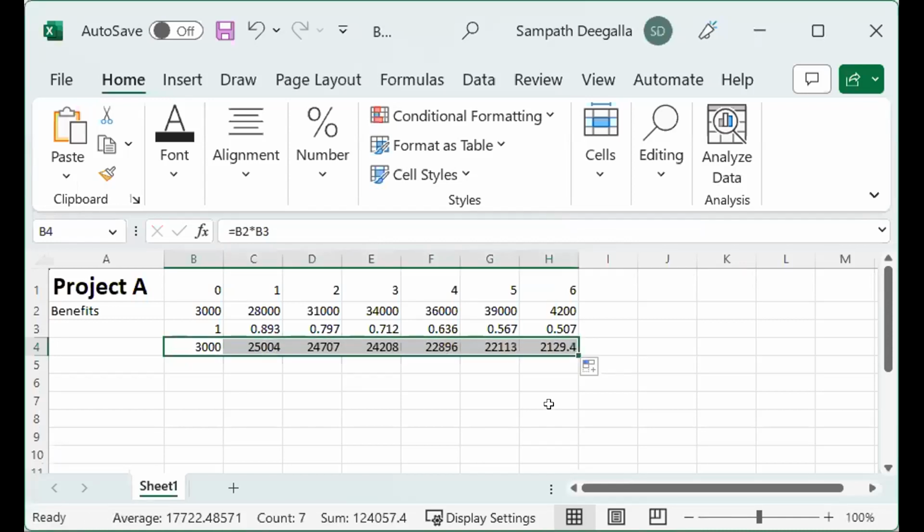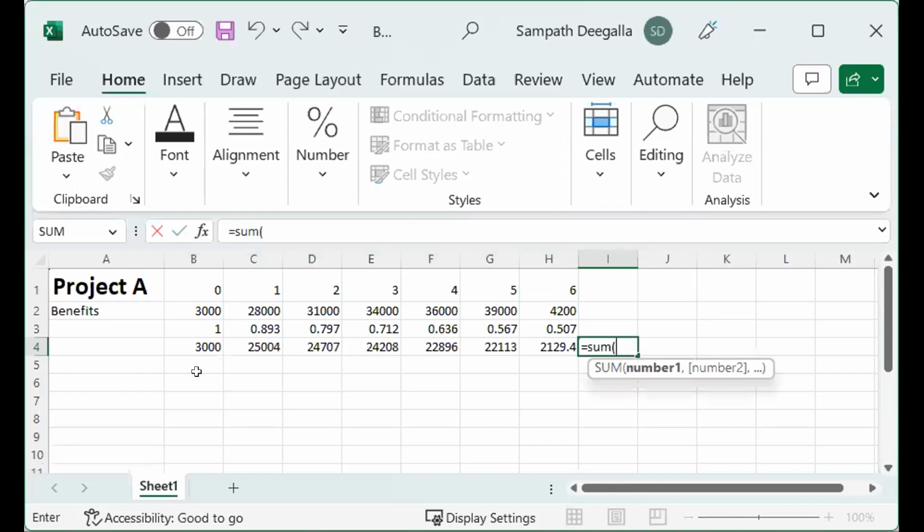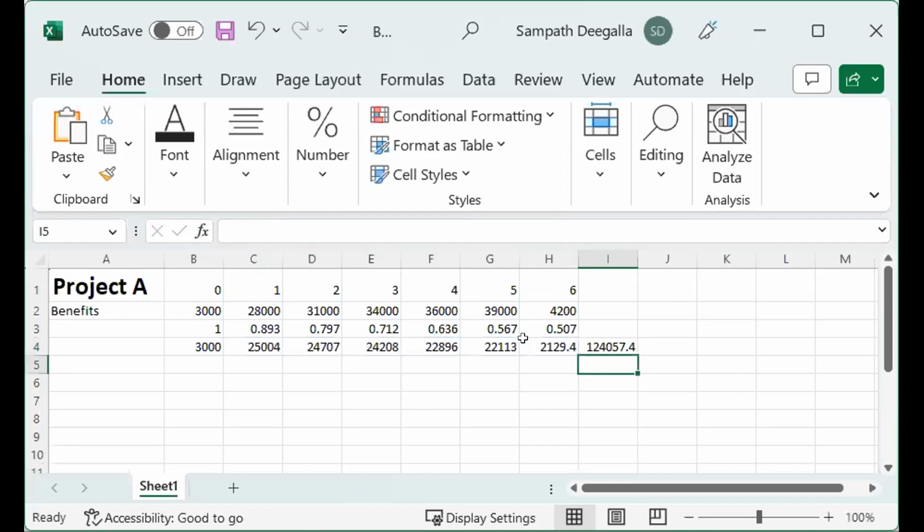So you see how the values are changing. Right. Next one. We'll calculate the cumulative benefits by summing up everything. Right. So this is what we are getting.